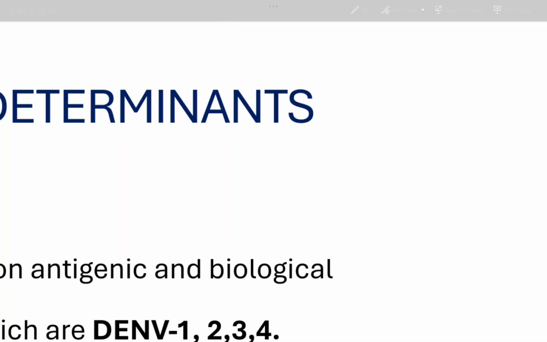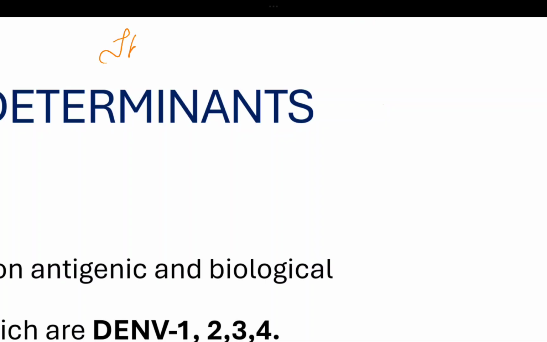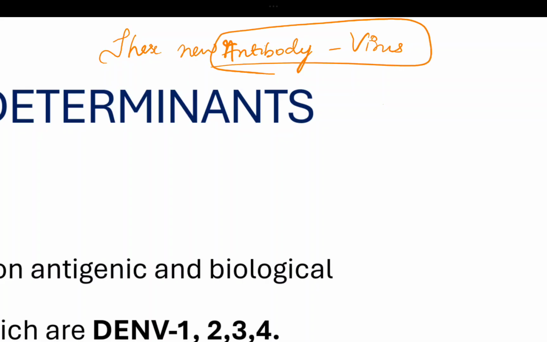Now let us see what happens. The antibody dependent enhancement occurs. This is a new virus, right? It has gone and bound to the previous antibodies.